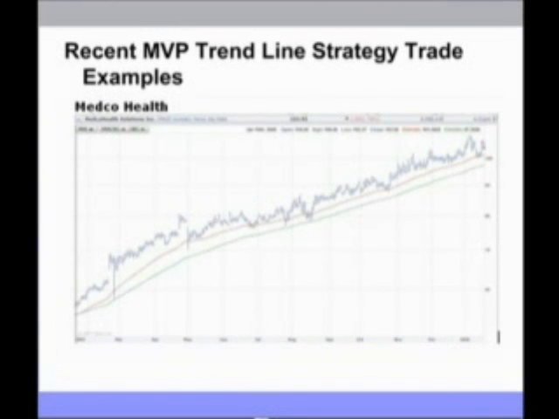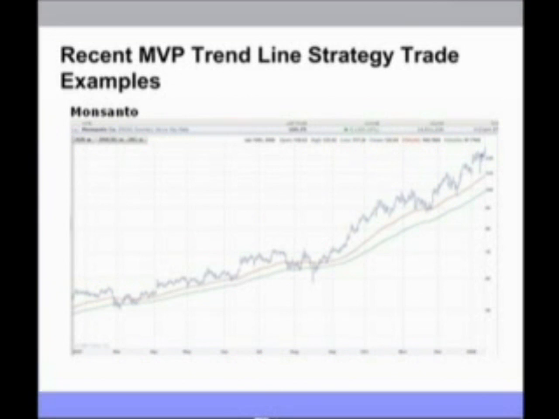And we can see here that the 40-day crossed above right at about the $57 level, and the 40-day has stayed above the 80-day trend line, indicating that the stock is still in a buy mode. So as long as this 40-day trend line stays above the 80-day, the stock is a buy.